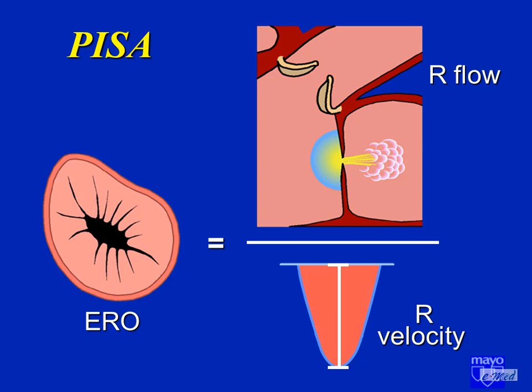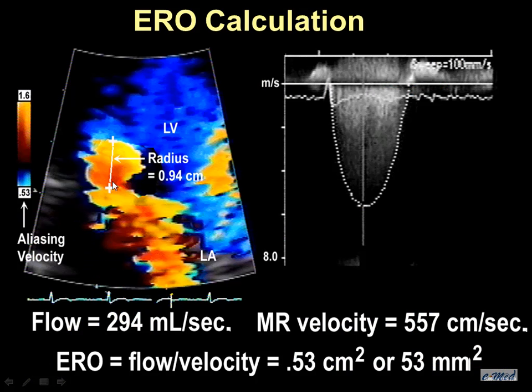It's not like air that you can compress. So flow is constant, and it's always flow is equal to size of the orifice multiplied by velocity. So you transform effective regurgitant orifice as flow divided by velocity. So flow, velocity by Doppler, the ratio of the two is the effective regurgitant orifice, 0.53 centimeters square in this case. And again, we'll see what that means.